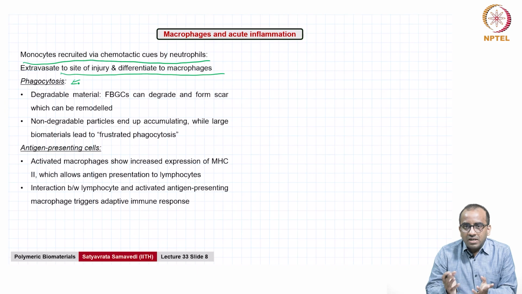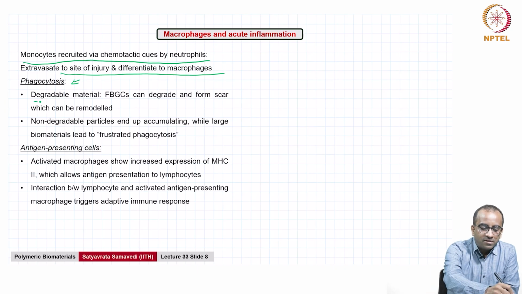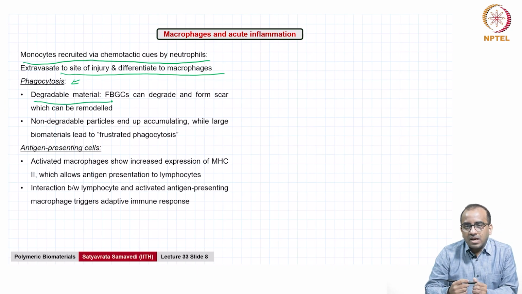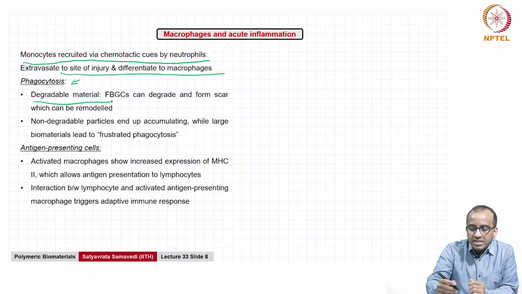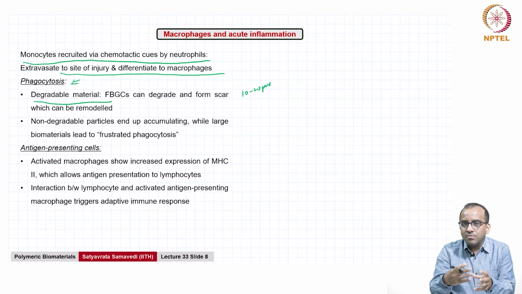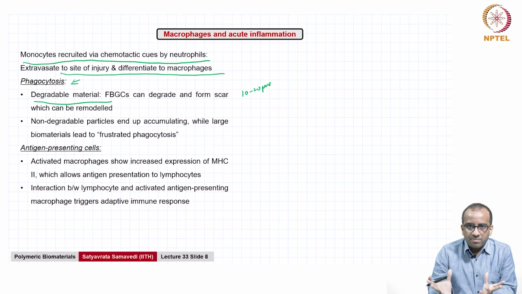Now, typically, if it's a degradable material and if the size is small enough, right? So, of the order of say 10, 20 microns, right? So, tens of microns, about the same order of magnitude size as a cell, then typically these cells can digest them. It's a size dependent effect essentially, phagocytosis.